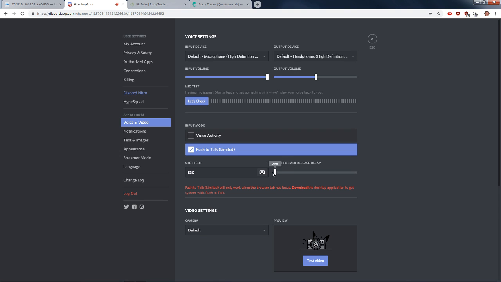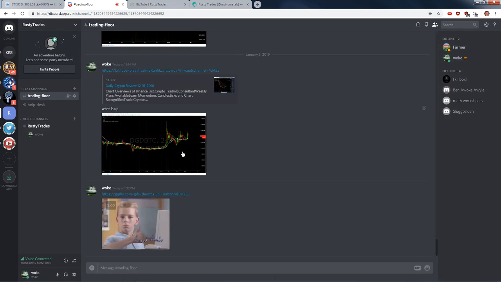This setting, you want to open it up just a little bit so that your voice is not cut off. It has a little delay when you let go of the button so that your voice comes through. And then here you have your voice settings or your volume settings. There you go. Pretty easy.